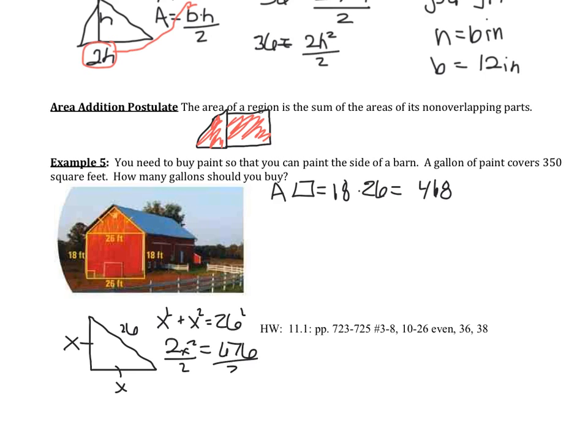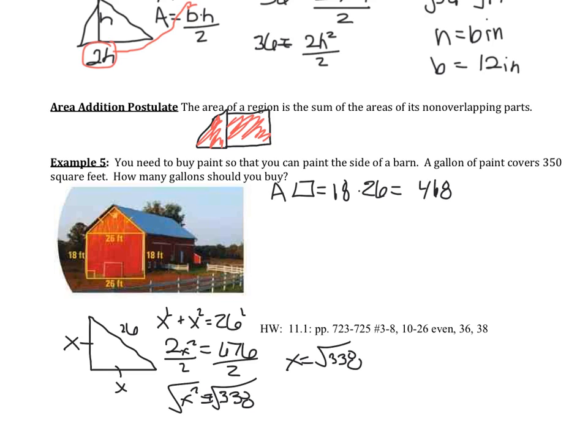Divide both sides by 2, so x squared is equal to 338. I'm going to take the square root of both sides. Sorry, this should be an equal sign here. So x is equal to, well, I'm just going to go ahead and leave it: the square root of 338. I'm not going to approximate my values yet.